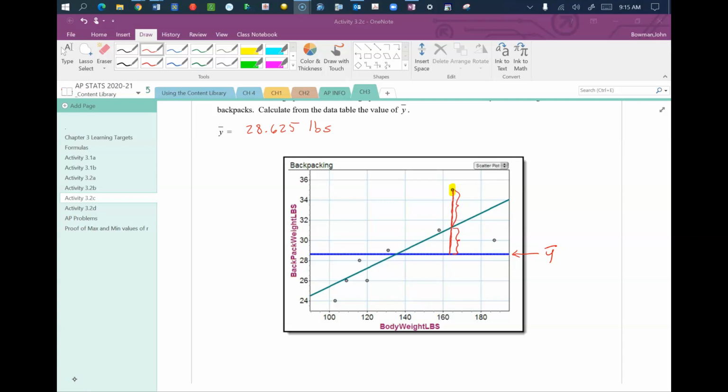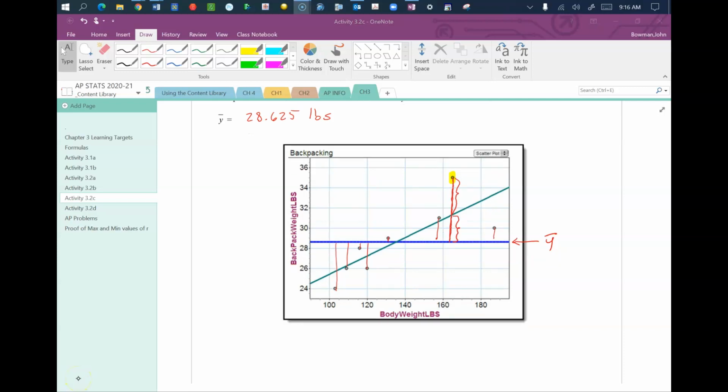So what we do is we take into consideration how much of that deviation from the average Y value for every single point can be predicted by the line of best fit, and we sum all those values up, and then we have an overall percentage of variation in the response variable that can be predicted by the line of best fit. And when we say percentage or proportion of variation, we're talking about from the average Y value, whatever that is.